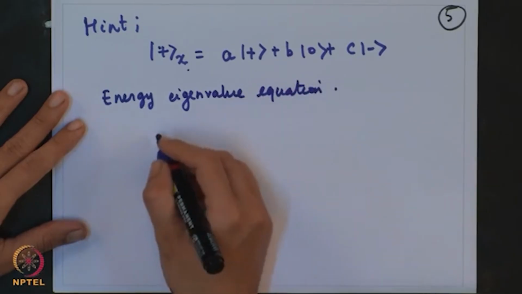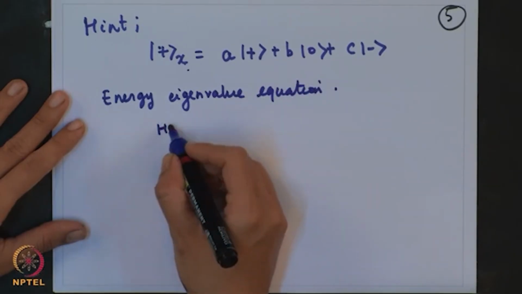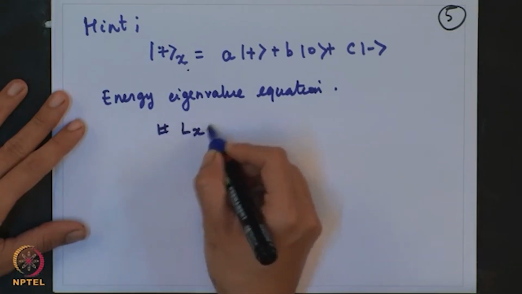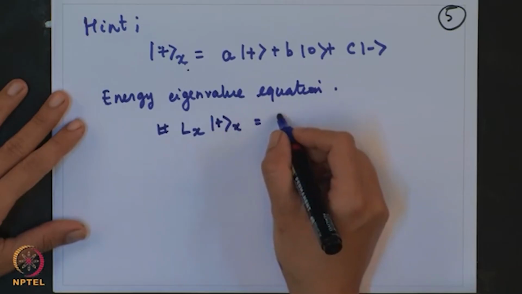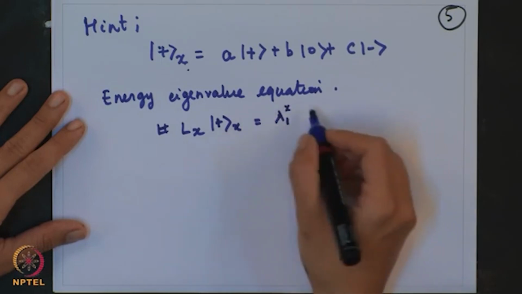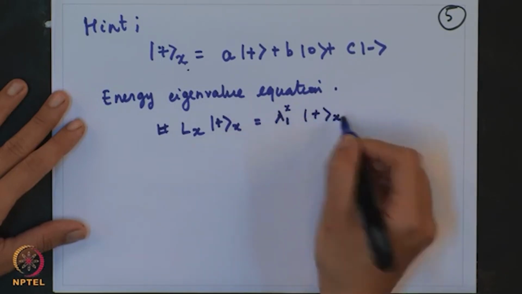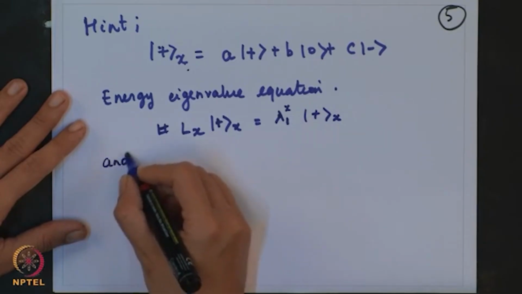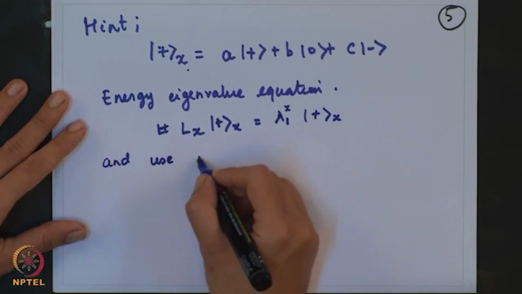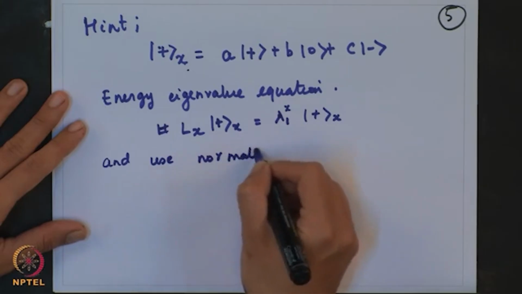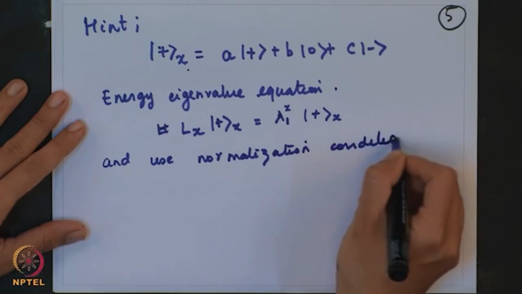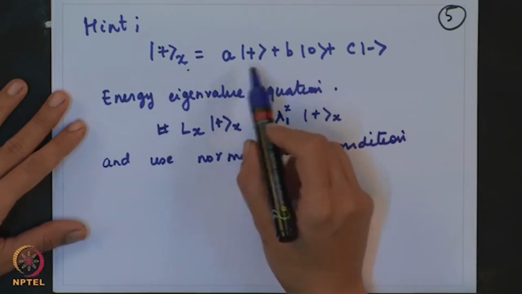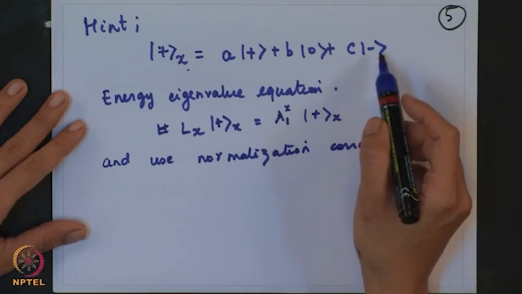That is, you have Lx acting on plus x equal to the eigenvalue, say lambda 1, times plus x, and you will use the normalization condition. You know that plus, 0 and minus kets are orthogonal.